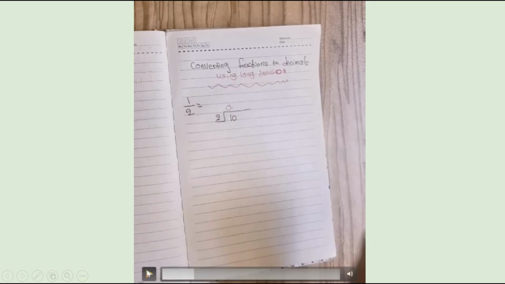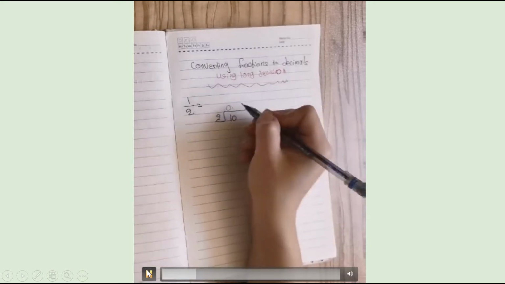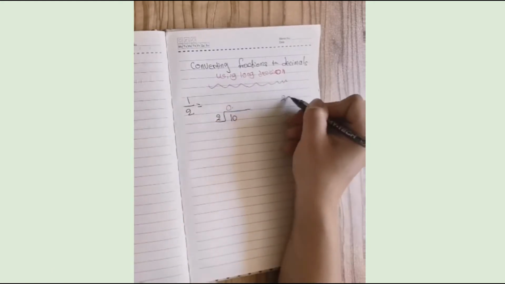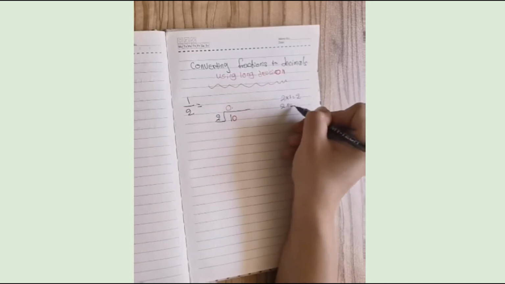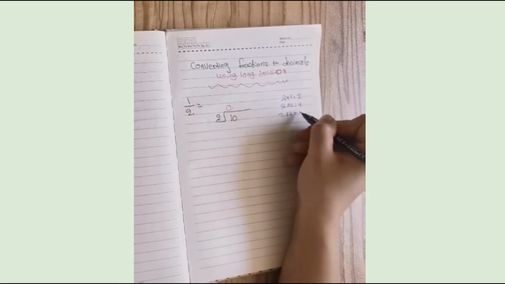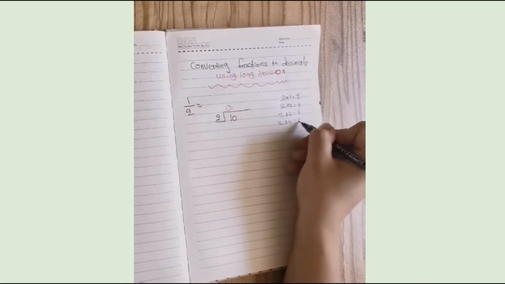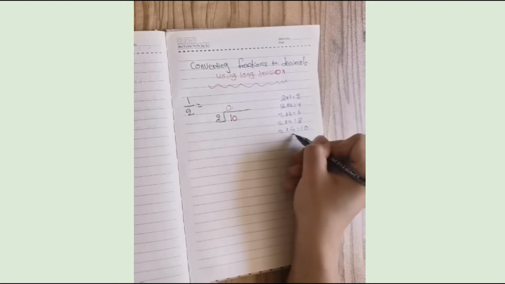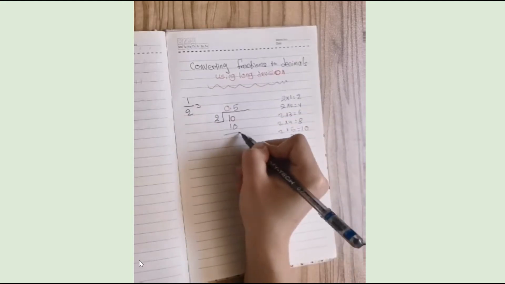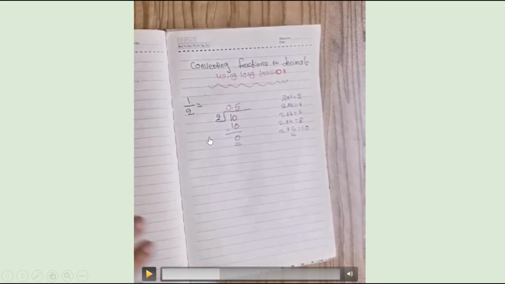Now, let's look at the multiples of 2. 2 times 1 is 2, 2 times 2 is 4, 2 times 3 is 6, 2 times 4 is 8, and 2 times 5 is 10. We have the exact number. We are writing 5 like this. 5 times 2 is 10, and we are subtracting here.